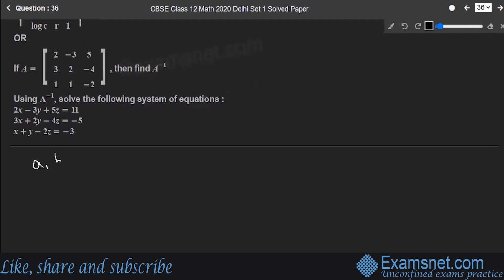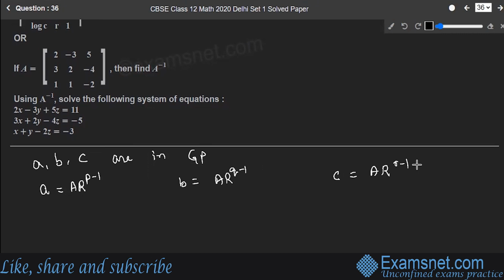See, if A, B, C are in GP, then let's say A is equal to a, the first term, into r, the common ratio, raised to power p minus 1. Let's say B is equal to a r raised to q minus 1. And C is equal to a r raised to r minus 1. Okay.